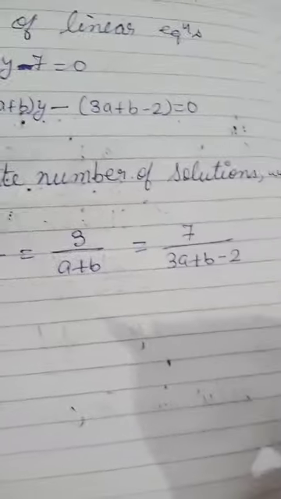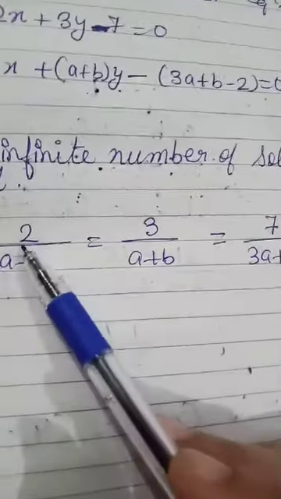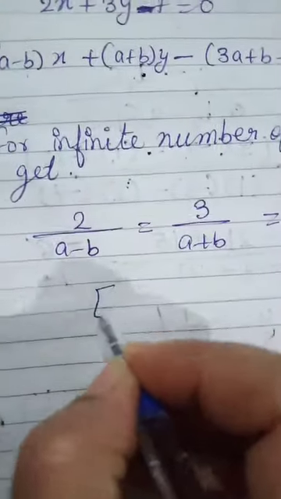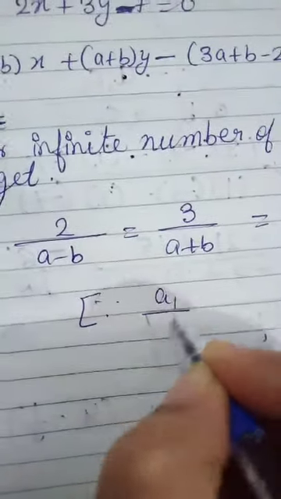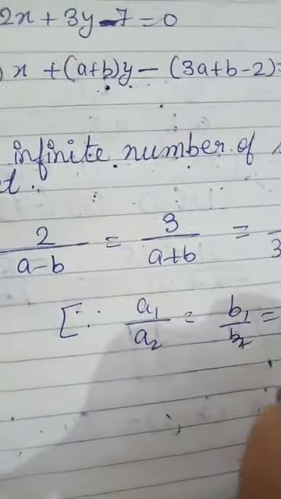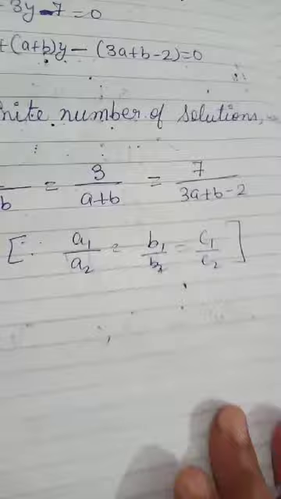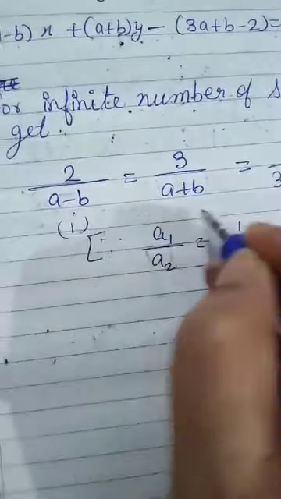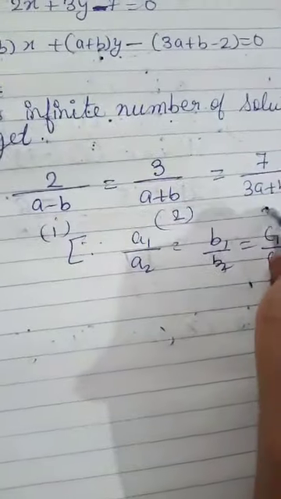Okay, so this way I have written all are equal. Reason लिखेंगे because a1 upon a2 is equal to b1 upon b2 is equal to c1 upon c2 for infinitely many solutions. So from first and second, this is third.